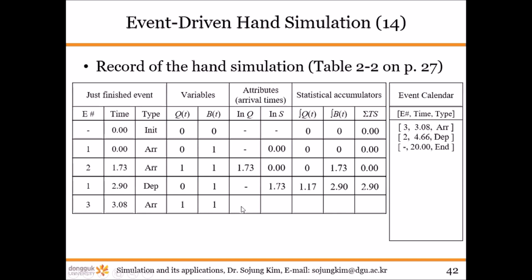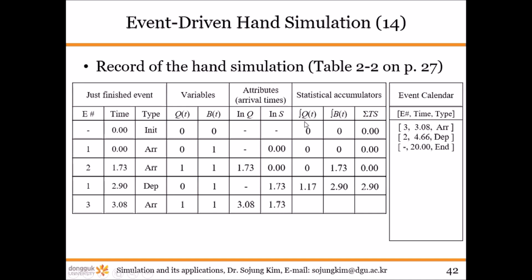And this value is 3.08, the attribute of entity 3, which is in the queue. And this value is 1.73, because the arrival time of the second entity is 1.73, and it is still in the server.